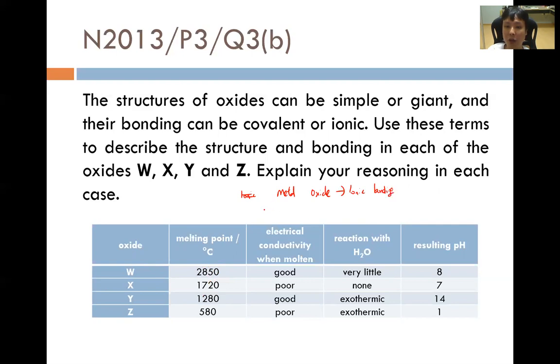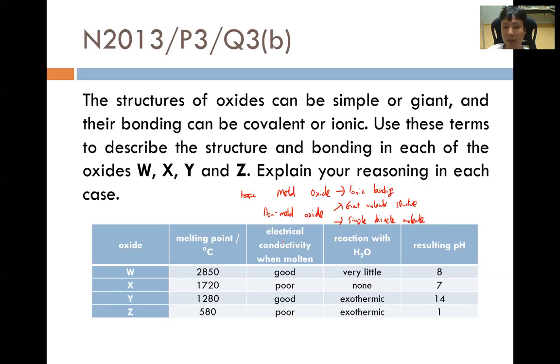If it's a non-metal oxide, then there are two possibilities: it can either be a giant molecular structure, or it can be a simple discrete molecule. So this has a high melting point, so it's either one of these two.